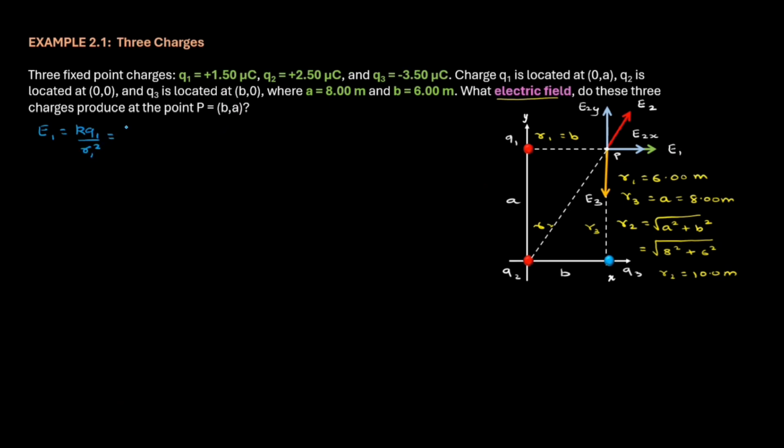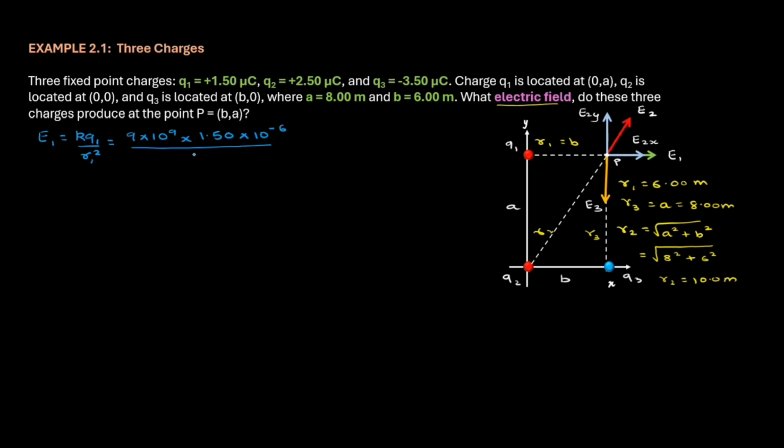That will be equal to K is 9 times 10 to the power 9, Q1 is 1.50 microcoulomb, so 1.50 times 10 to the power negative 6, the distance R1 is 6, so 6 squared. That gives me the value of electric field E1 to be equal to 375 Newton per coulomb.